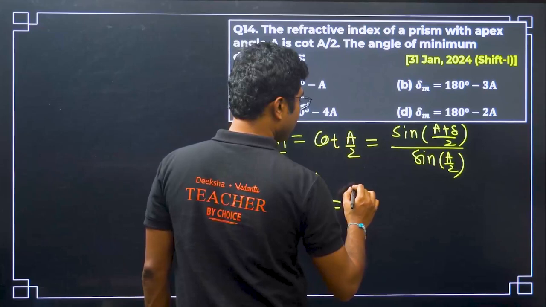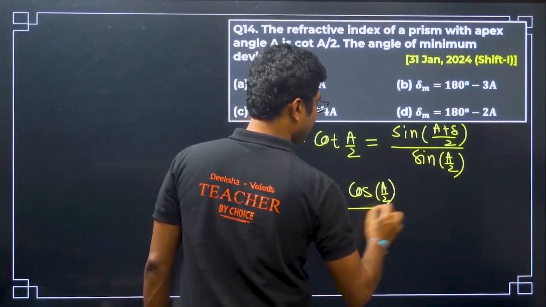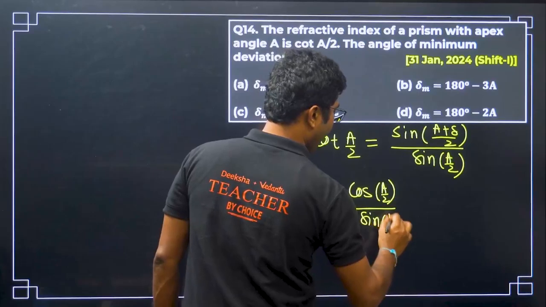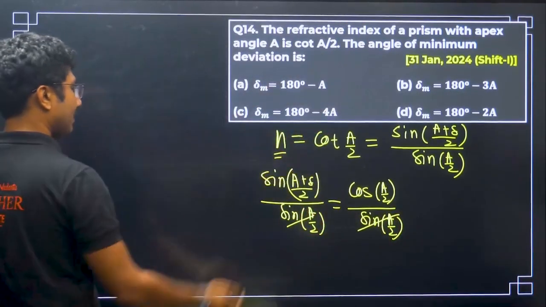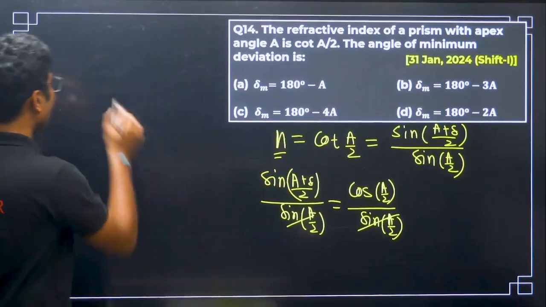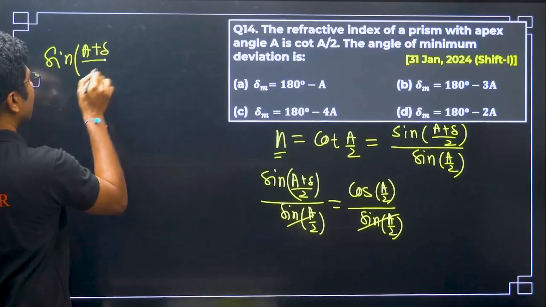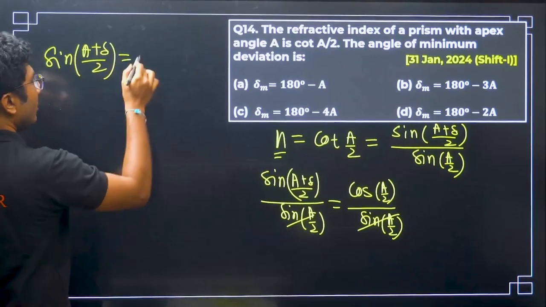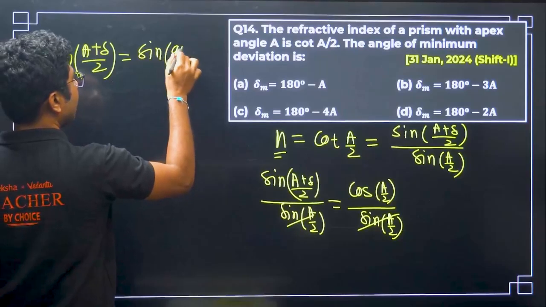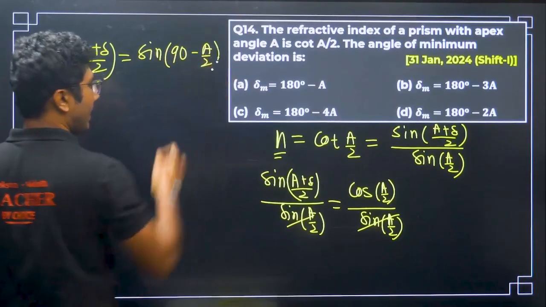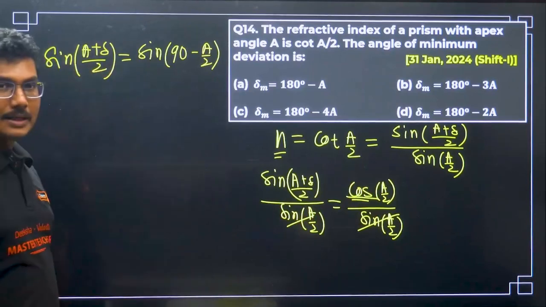Cot means what? First is cos. So cos A by 2 divided by sine A by 2. So we can cancel them. So we get sine A plus delta by 2 is equal to cos A by 2, or sine A plus delta by 2 equals sine 90 minus A by 2, right? So cos can be written as sine 90 minus theta.